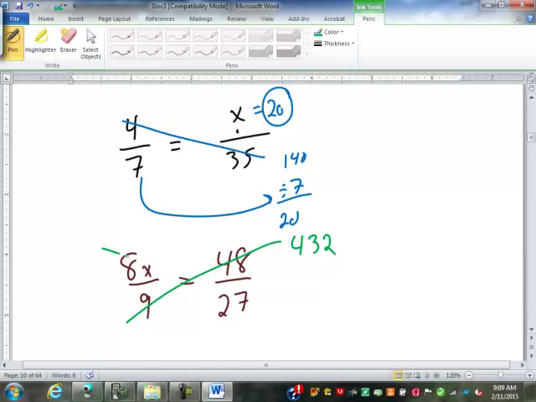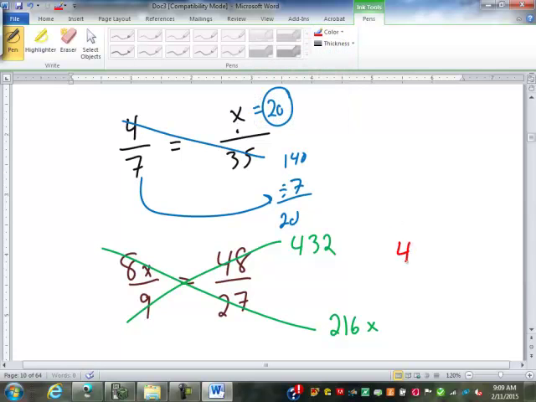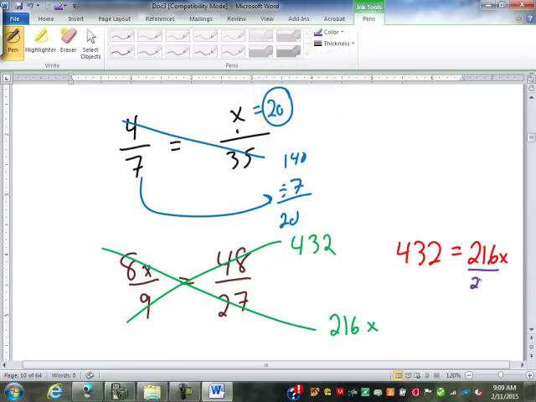Don't say the answer yet. I want to see if I get it. 8x times 27 is 216x. Those two have to be equal. So 432 has to equal 216x. So to solve that, I need to divide by 216. x equals 2.